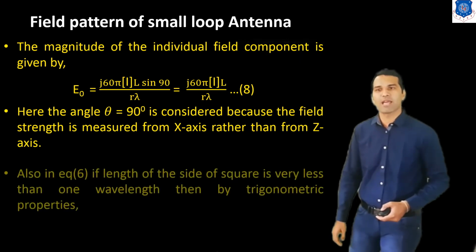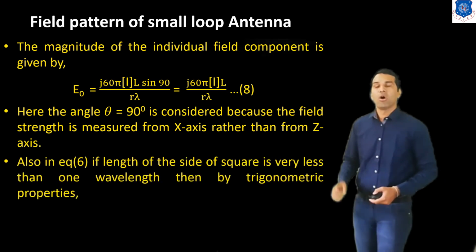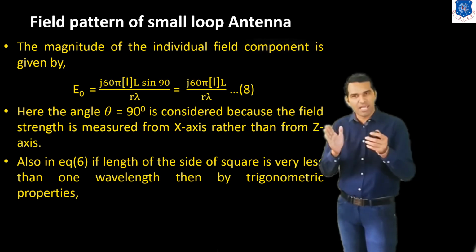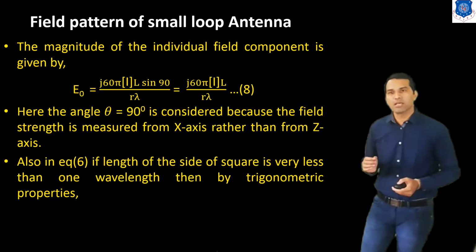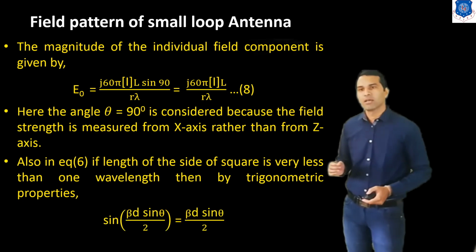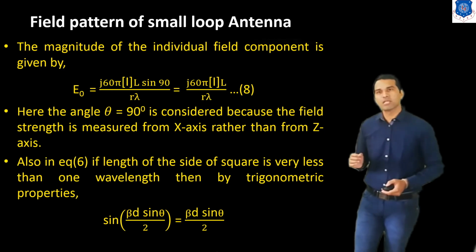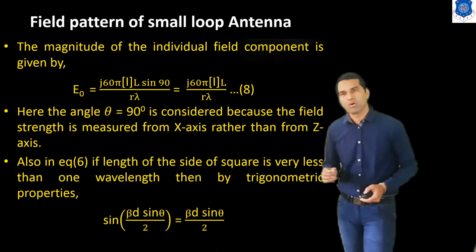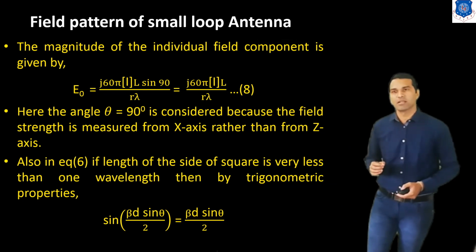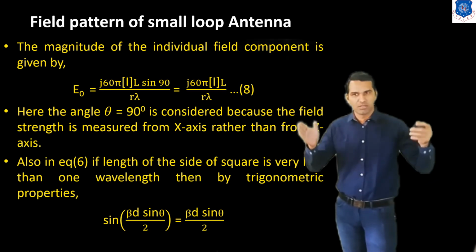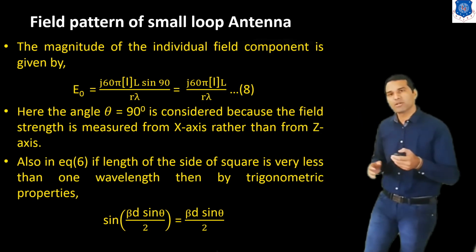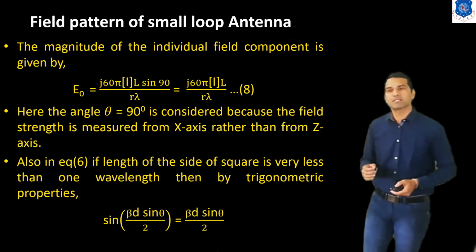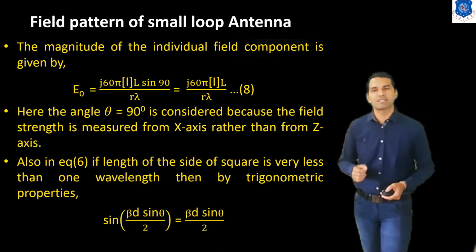Also in equation number 6, if the length of the side of the square is very small compared to the wavelength, then sin of beta d sin theta by 2 is approximately beta d sin theta by 2. So we can write sin of beta d sin theta by 2 equals beta d sin theta by 2.